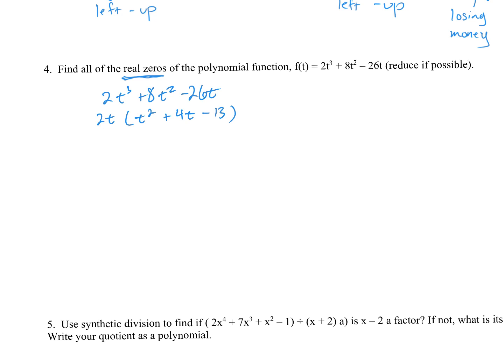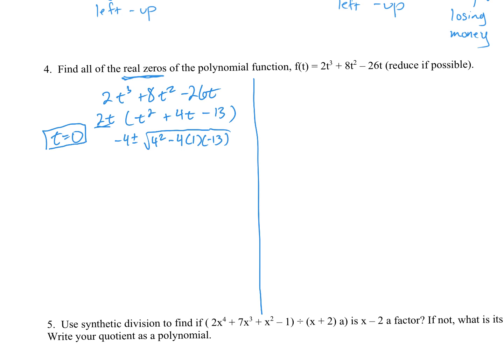So what I can do, two things, and I'll break that up. I can complete the square, or I can use the quadratic formula. So let's do the quadratic formula first. First things first, t equals 0 because of the 2t. So that's always an answer. Quadratic formula gives me negative 4 plus or minus the square root of 4 squared minus 4 times 1 times negative 13, divided by 2 times 1.